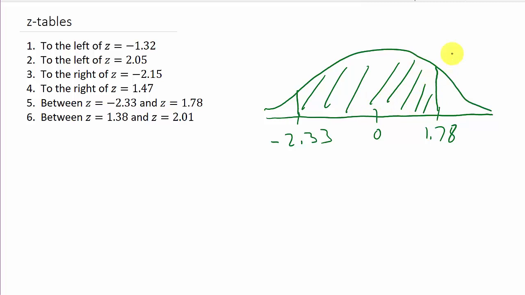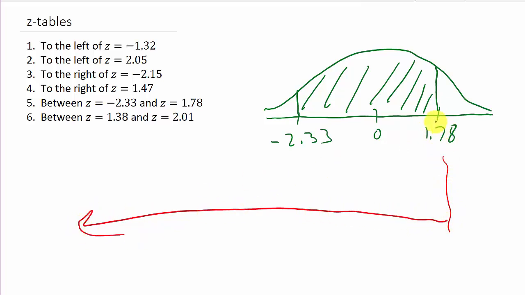Okay, so let's look at this. Remember, whenever you look up the z value, that gives you the area to the left. That's from this value all the way back to the left.